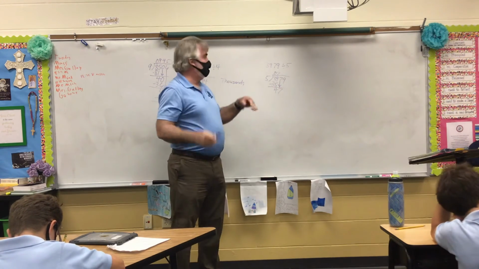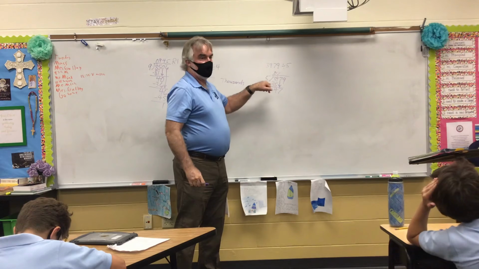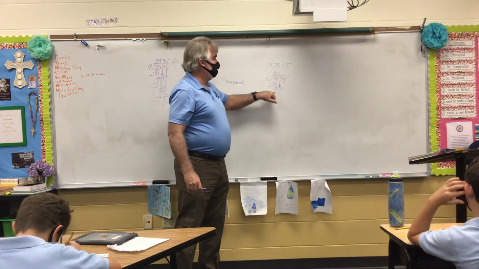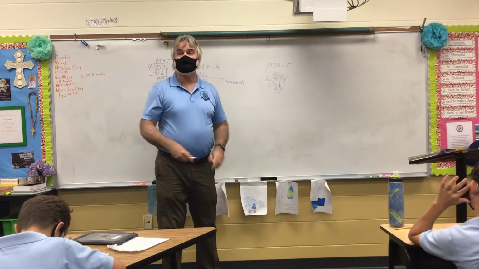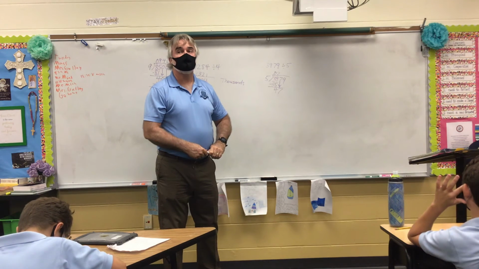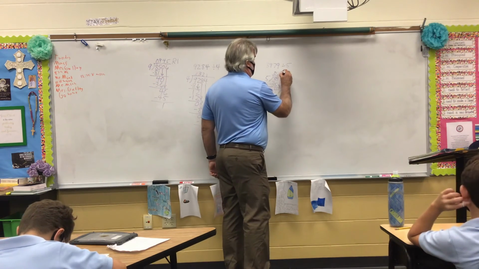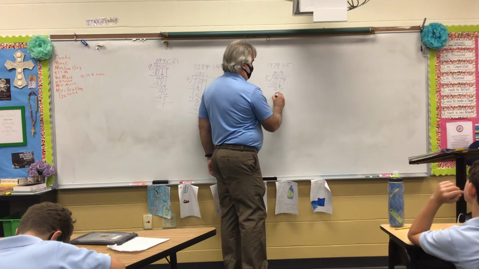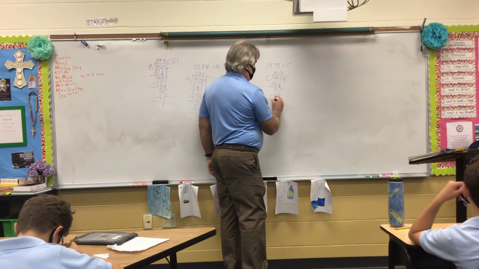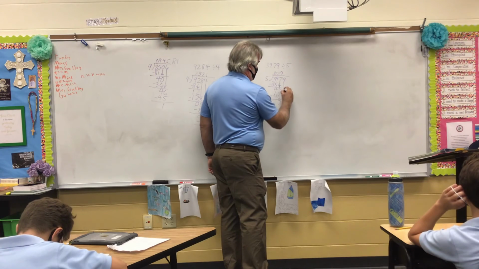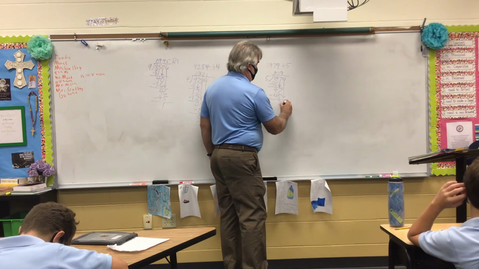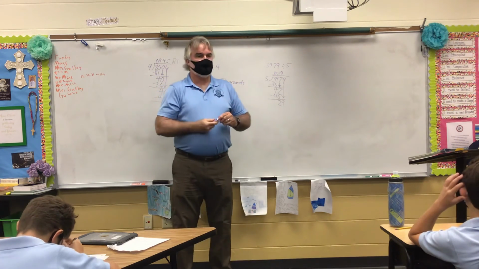Now, I've done one cycle. I'm going to do it again. 5 now goes into 47. Lucas? 9 times. You told me 9 before. 9 times 5 is 45. Subtract. Get 2. Bring down. 29. All right, now I did that cycle again.